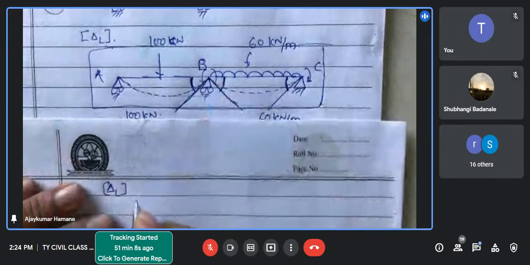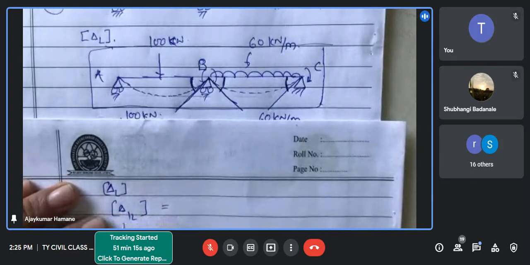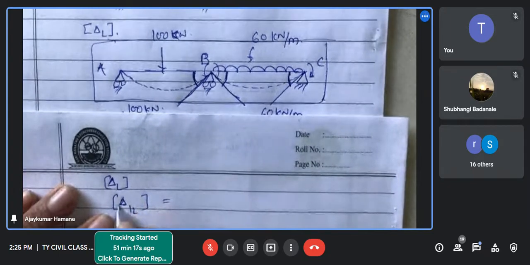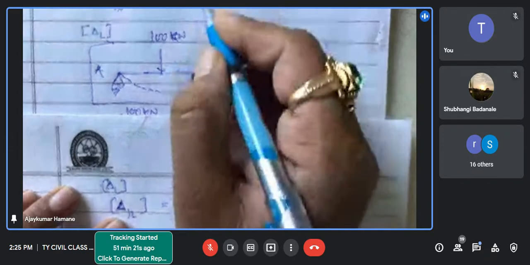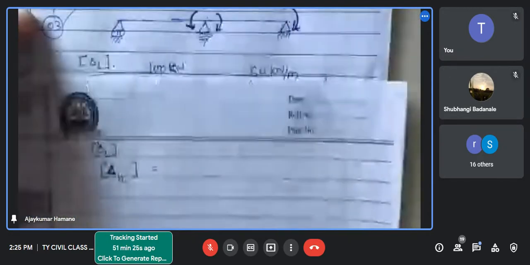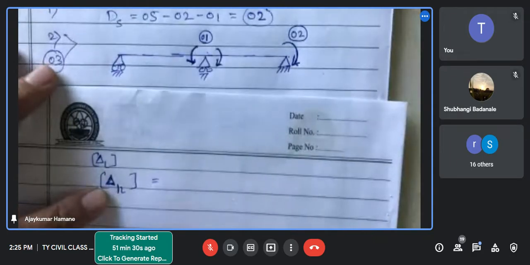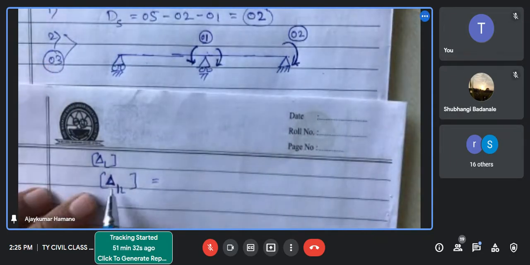So at the first coordinate, delta 1L. Remember, delta 1L is nothing but the displacement at coordinate 1. Each word has meaning.